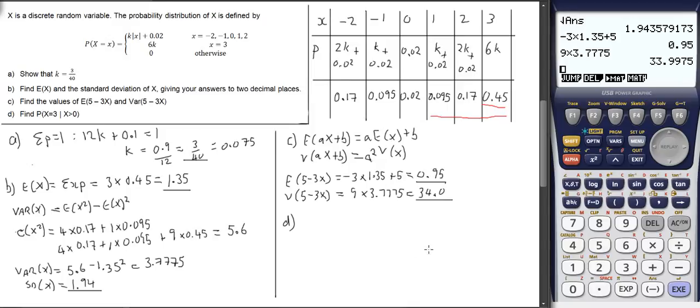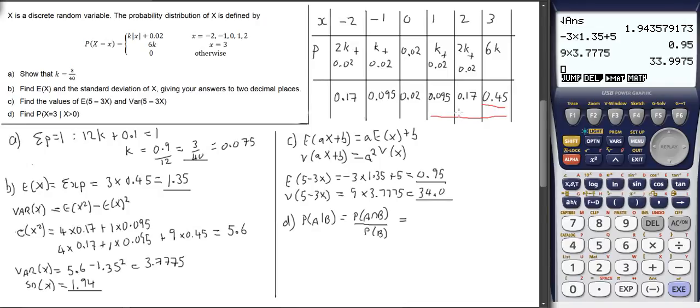Although I could do it in terms of the probability of A given B, which is, as you have to remember, the probability of A and B divided by the probability of B. And either way, you're going to get the same thing.